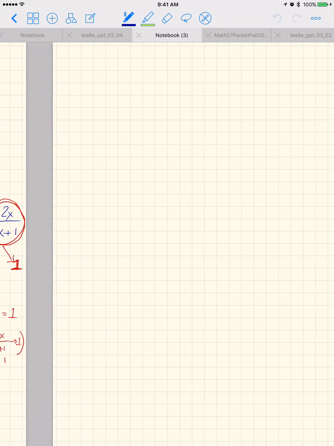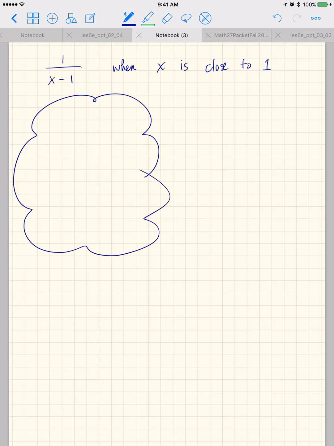And now let's look at why that is. So if we have 1 over x minus 1, let's consider 1 over x minus 1 when x is close to 1. So this is what we're considering. Okay, so here's the thought. The thought bubble is that when x is about 1, x minus 1 is approximately 0.